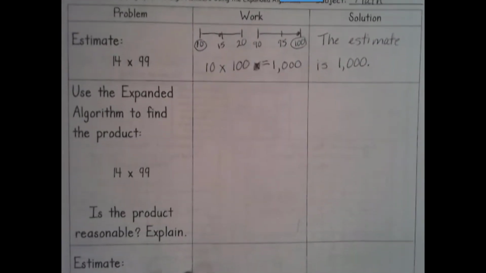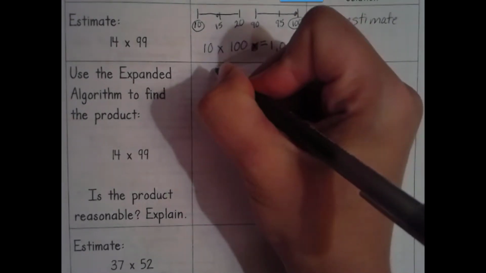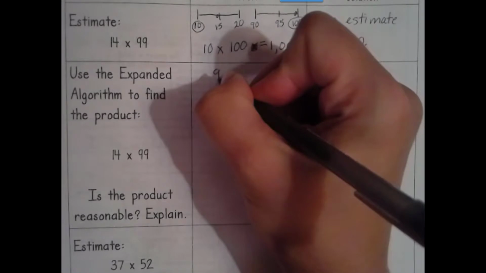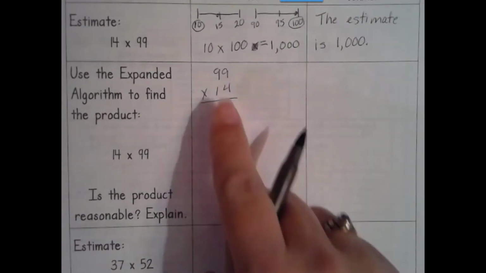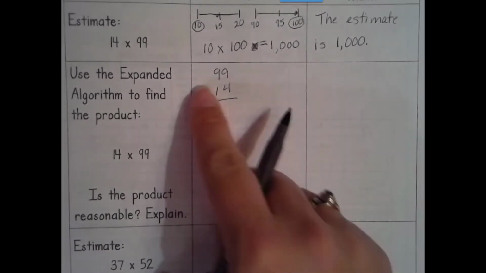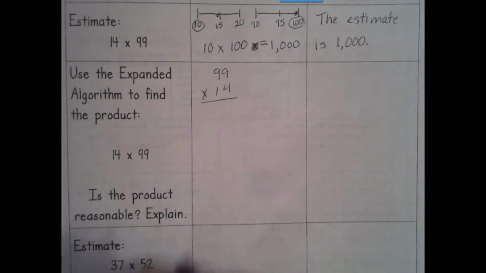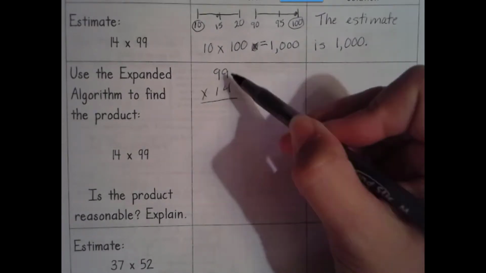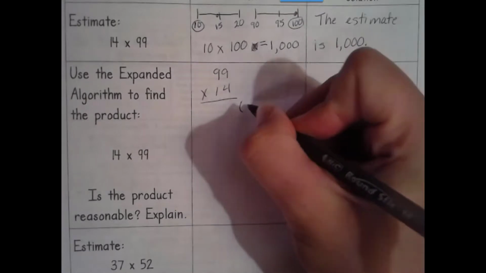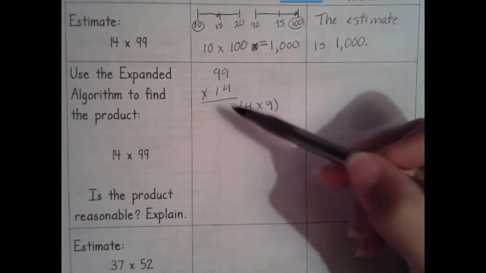All right, now that we have our estimate, we're going to do our expanded algorithm. So we have 99 times 14. You want to write it more to the side here because we're going to put different numbers down in the space. So first we do the ones times the ones. 4 groups of 9.